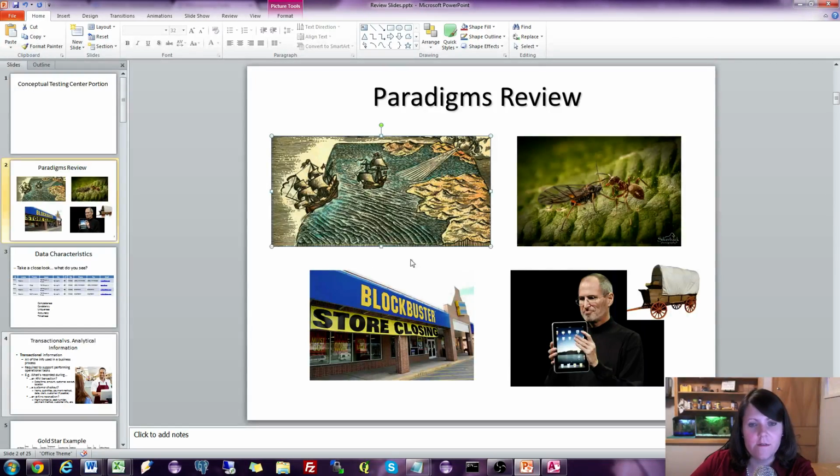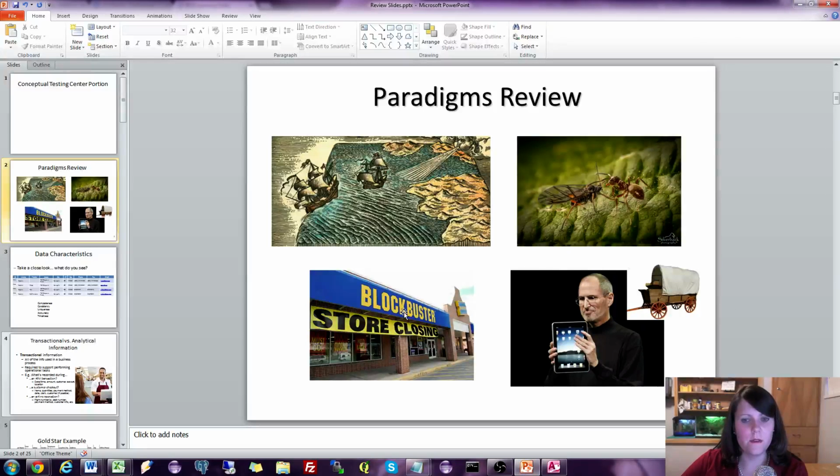I like the Christopher Columbus example because it sets up those two things that paradigms have nicely. Here we have a picture of Steve Jobs with the tablet and the covered wagon. We discussed that paradigm pioneers are people who enact the paradigm shifts, and they're often on the fringe, not in mainstream companies, typically.